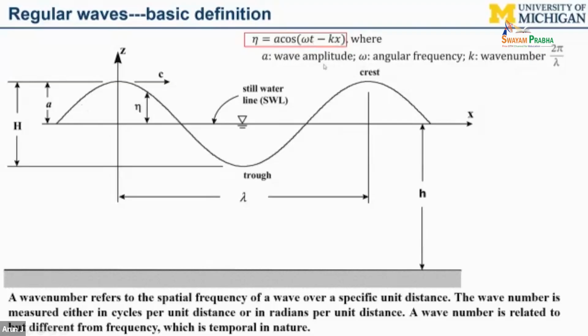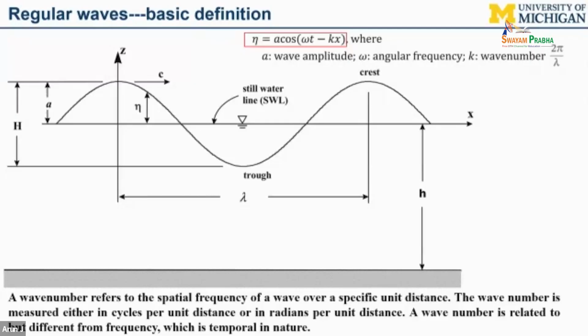Here A is the wave amplitude, omega is the angular frequency, and k is the wave number. Angular frequency means, in the time domain, what happens in 1 second.